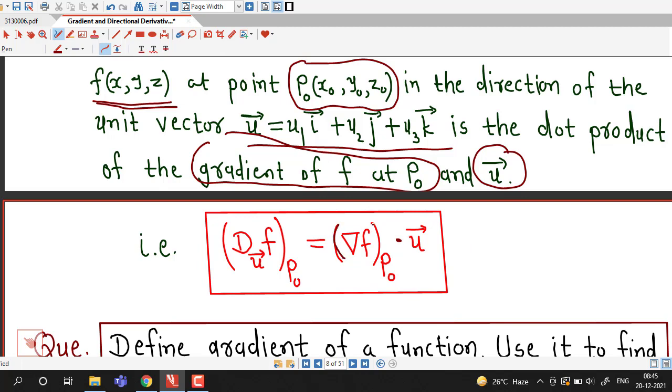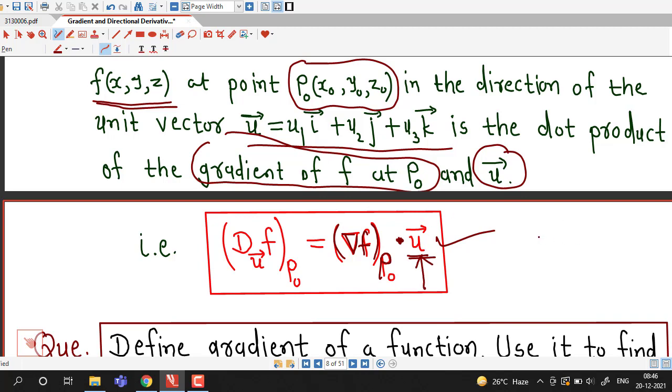One vector is gradient of a scalar function at a given point. Another vector is directional vector, or the vector in the direction of which we have to compute directional derivative. We will remember this formula for directional derivative for examples. To find out directional derivative at a given point, we have to find out gradient of a scalar function at a given point, and we have to take dot product of that gradient vector with given unit vector.